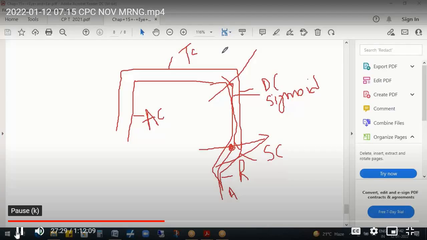Sigmoidoscopy. Understood, everyone? When the scope passes through anus, rectum and reaches to sigmoid colon, and from there they're retrieving back, you can say it as proctosigmoidoscopy. From there it is moving towards the descending colon, then sigmoidoscopy. If it crosses the splenic flexure, then it is colonoscopy.